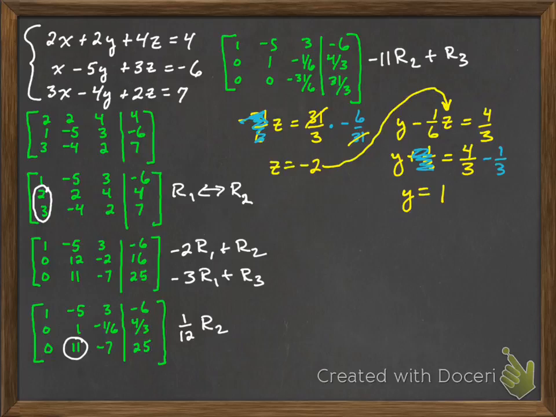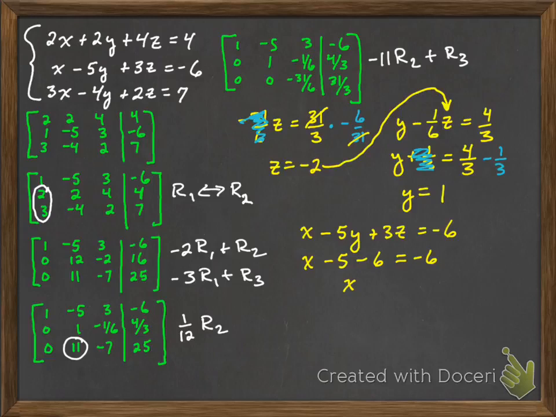All right, so now we have the y value and the z value. We can write the top equation, which is 1x minus 5y plus 3z equals -6. Substitute our values in. The y value is 1, so -5 times 1 is -5. 3 times the z value of -2 will make this a -6 equals -6.